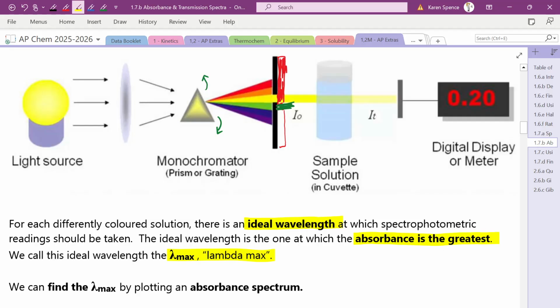And we can find this lambda max by plotting an absorbance spectrum. And the reason it's called lambda max is because it is the wavelength at which absorbance is the greatest, maximum.